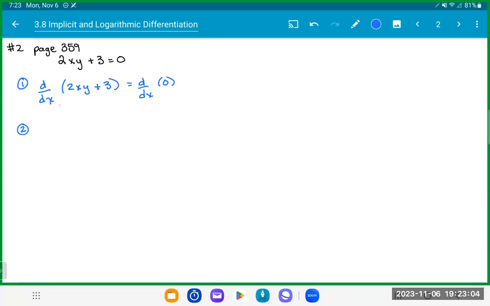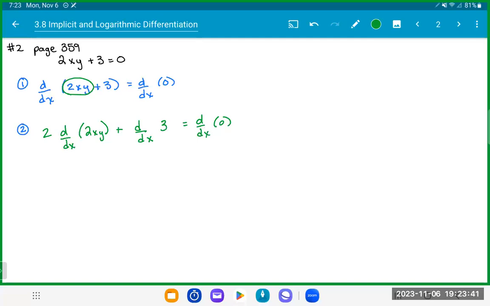So let's look first at how we take the derivative of this. That's really just 2, right? We can factor that 2 out. So we end up with 2 times d dx of xy plus d dx of 3 is equal to d dx of 0.